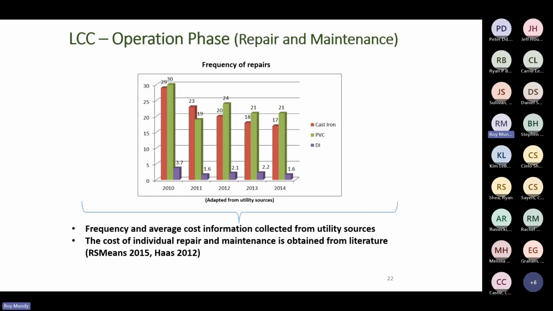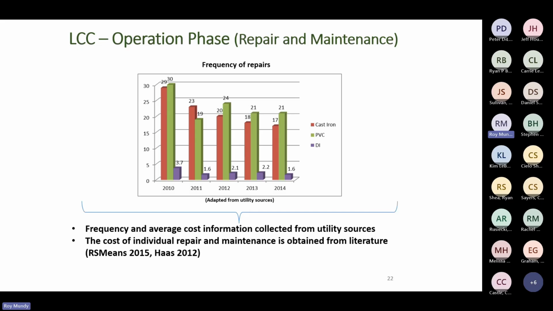And so the University of Michigan, in their approach, as you can see on the screen, they went to several sources. They did some surveys of utilities in terms of what type of pipe did they have in the system, what type of, shall we say, performance did they get respectively out of each type of pipe.